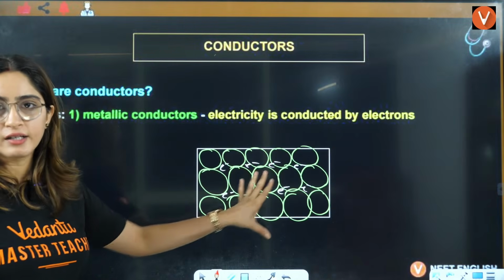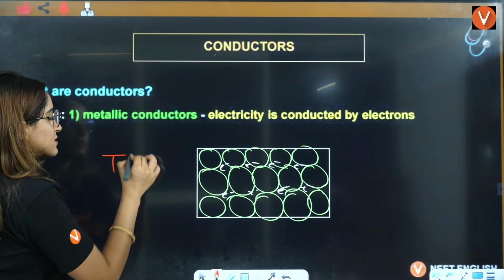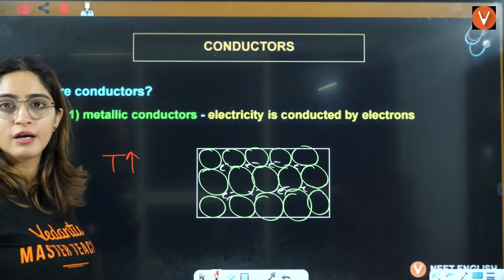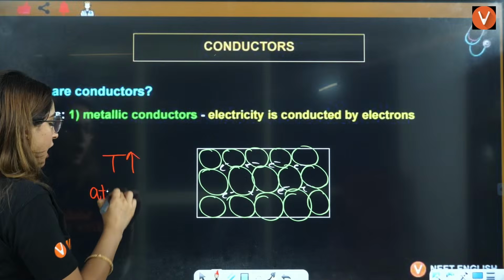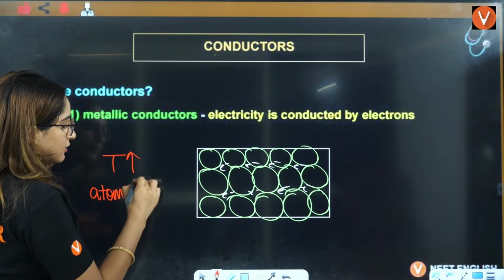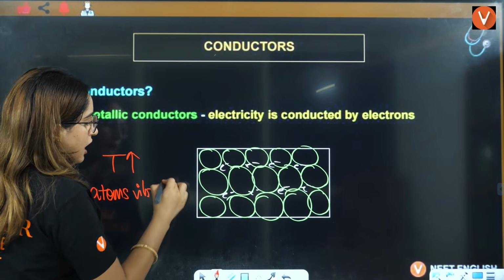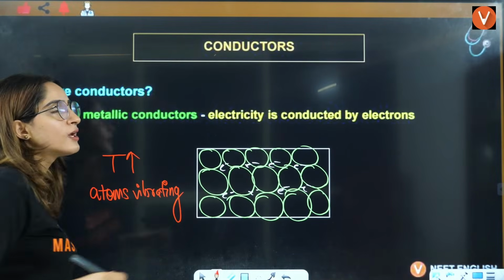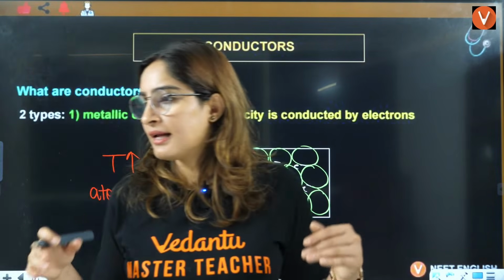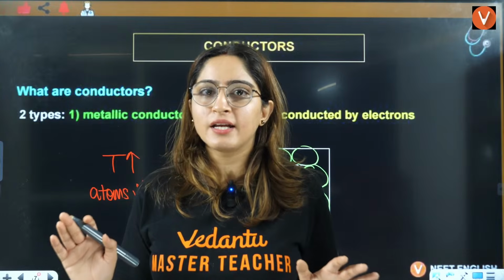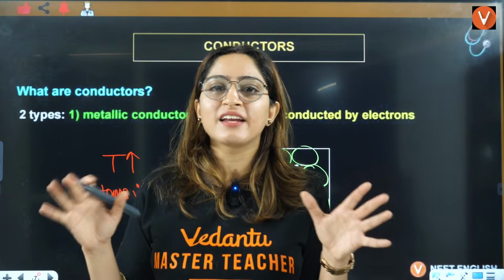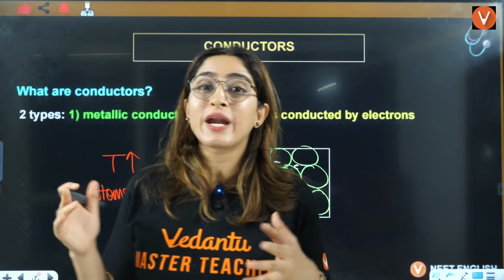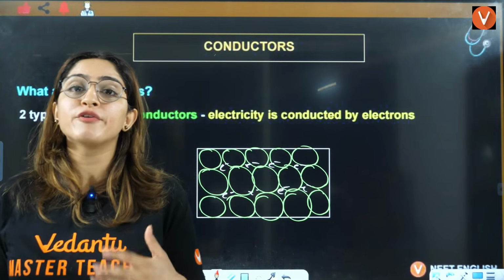In metallic conductors, when you increase the temperature, what will happen? The atoms will start vibrating. Think about it: in a room there are, let's say, 20 students sitting. Suddenly there is news that there is a fire in the building, but the room is locked. What will everyone do?